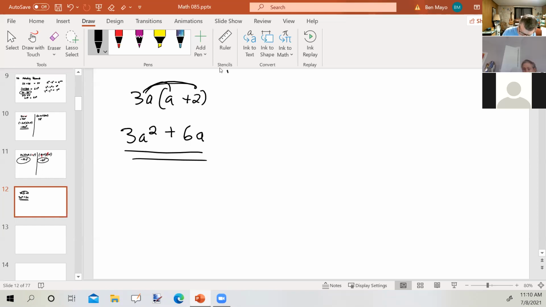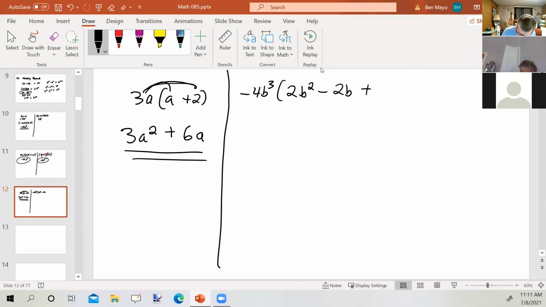All right. Let's say I've got negative 4b cubed times the quantity 2b squared minus 2b plus 2. Once again, we're going to use the distributive property. Negative 4b cubed times 2b squared is negative 8b to the 5th power.